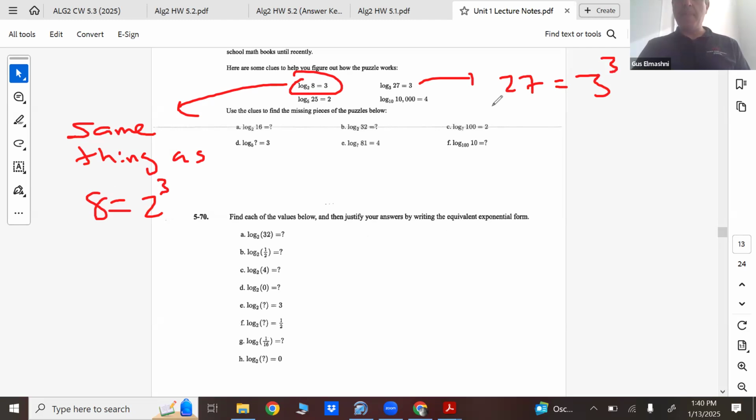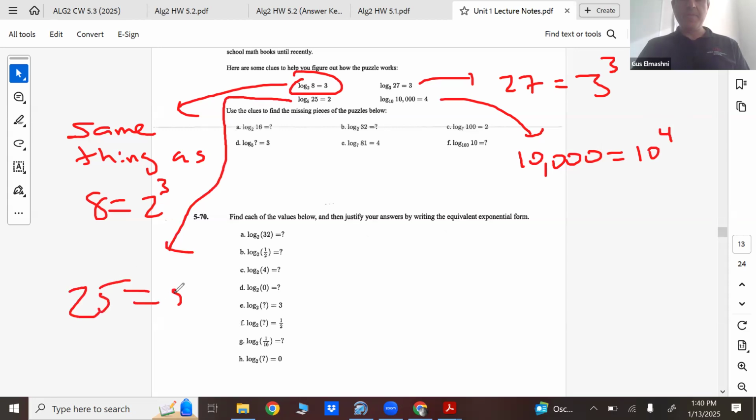Math is all about patterns, a lot of it anyway. Hopefully you see what I'm doing. I'm keeping the 8 where it is. I'm moving the subscript to the other side and raising it to a number that's on the other side. So 8 equals 2 cubed. 25 equals 5 squared. 27 equals 3 cubed. 10,000 equals 10 to the 4th power.